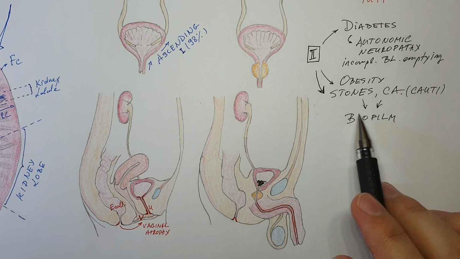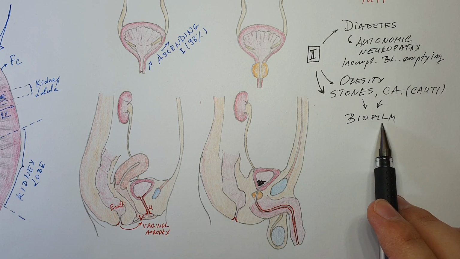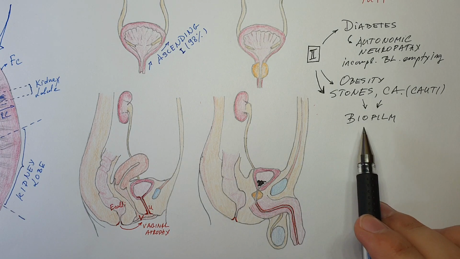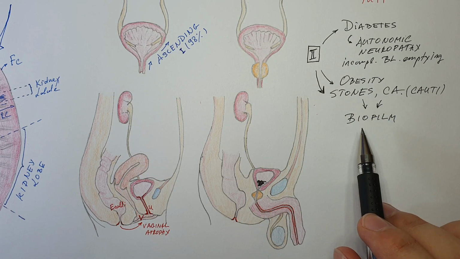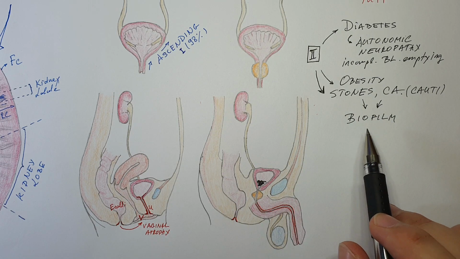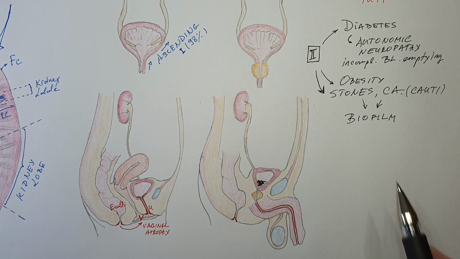Basically, this is a bacterial colonization in which nothing can touch the bacteria. So the only way to treat diseases like this is to remove the catheter or to remove the stones. The biofilm is a very compact structure that the bacteria make, and it is very hard to eliminate the bacteria in this biofilm.